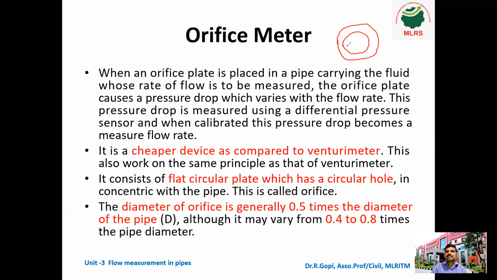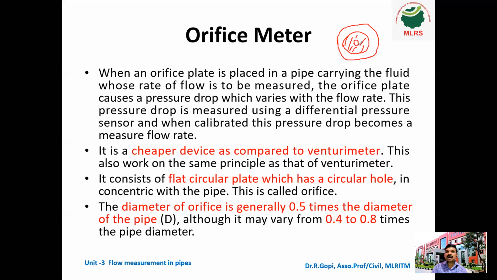Compared to the diameter of the pipe, the orifice plate diameter is larger, and in that orifice plate a small hole is provided. Water is flowing in this portion, that means the larger diameter pipe.